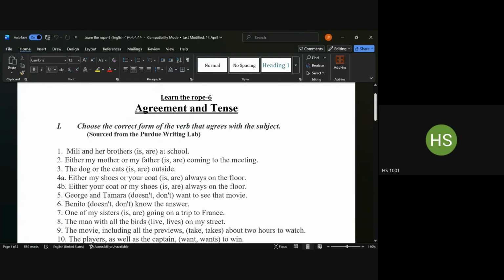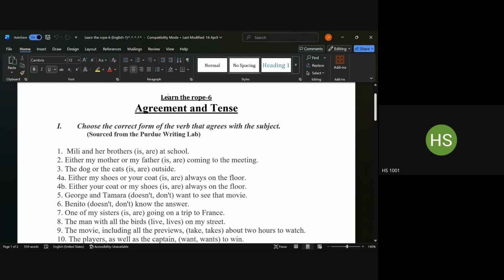Concord. So it's either subject verb agreement or subject verb concord. But in our terms, mostly we call it the agreement, the feature of agreement, grammatical agreement. That's the more commonly used term.